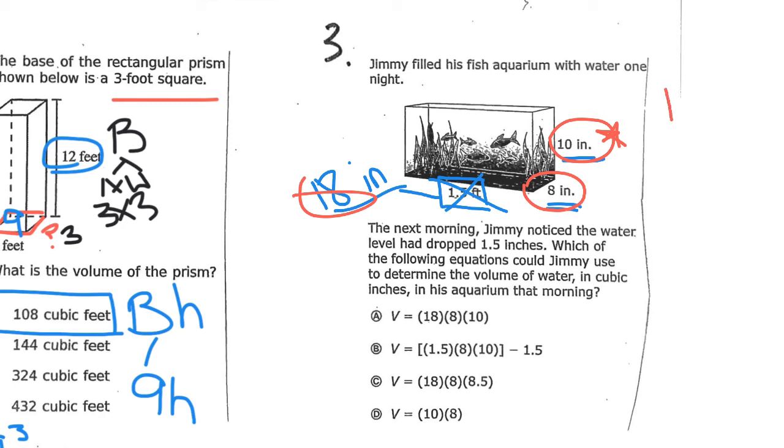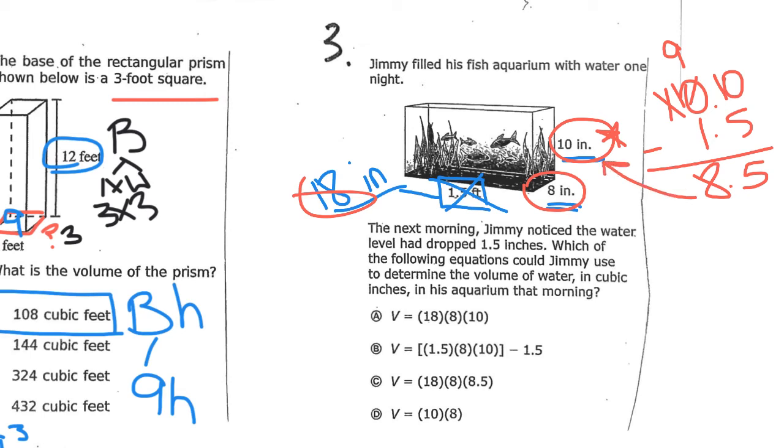So I have to do 10, and I'm going to take away 1.5 inches because it's not full anymore. We're measuring it once it dropped. So I'm going to have to do a little bit of borrowing here. And then we get 8.5. So we actually had to change 2 of these measurements before we could even start. So his height in the morning after it dropped is not 10 inches anymore. It's going to be 8.5.